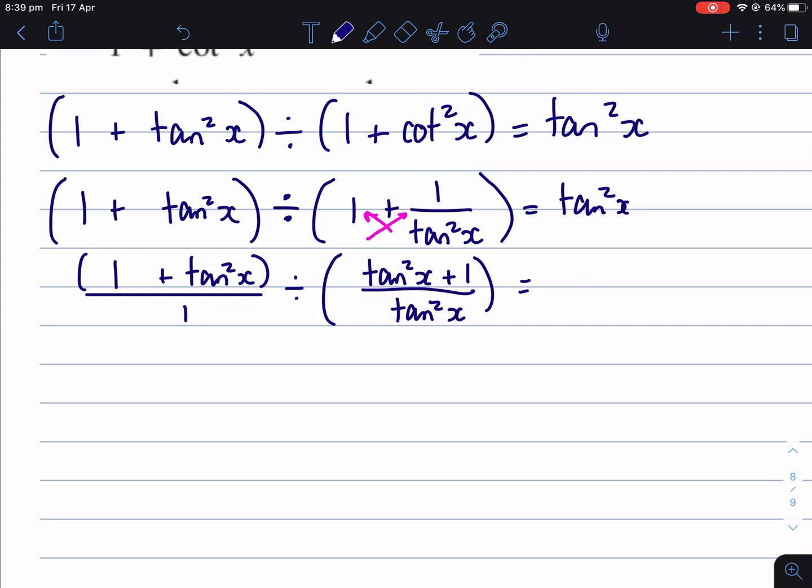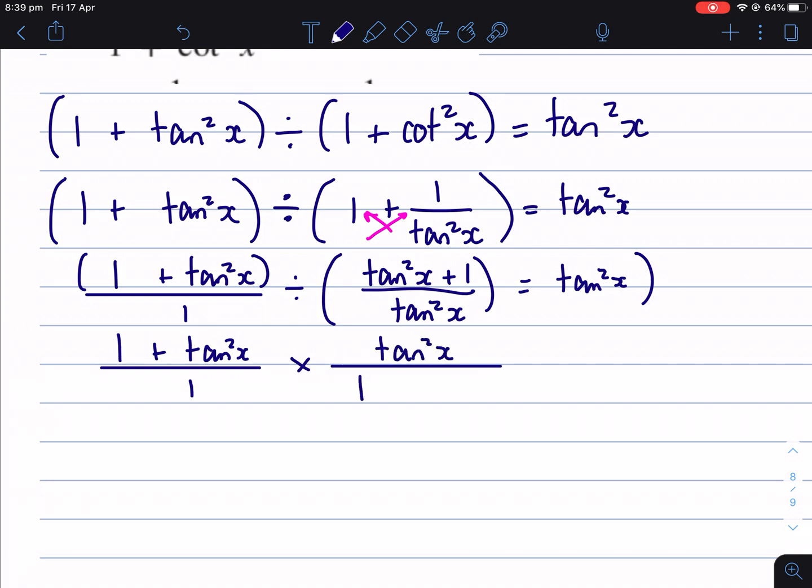So tan squared x over tan squared x plus 1 over tan squared x, etc. Which means we've got 1 plus tan squared x all over 1 times tan squared x over tan squared x plus 1.